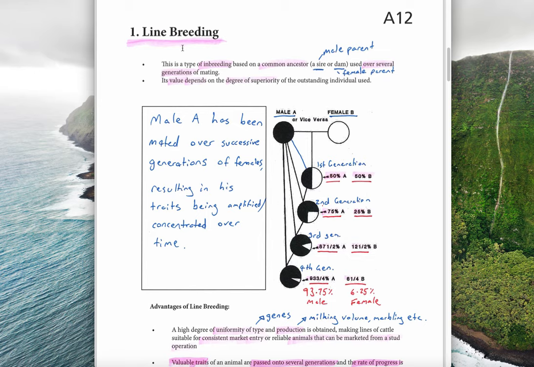What you end up with in line breeding is the closest way to cloning an animal that you can do naturally. Obviously, we've cloned sheep, for example, like the famous Dolly the sheep, and there's a few issues with that, but that was done due to processes that were done in a lab. But this after a number of generations leads to an animal that is 93.75% resembling the genes of the original father or male here.